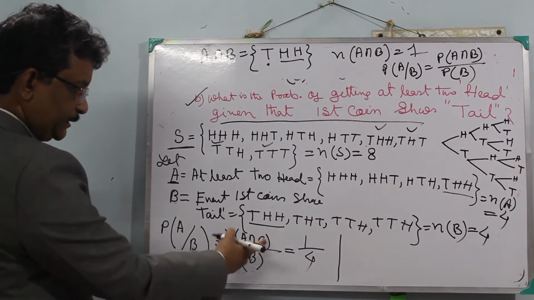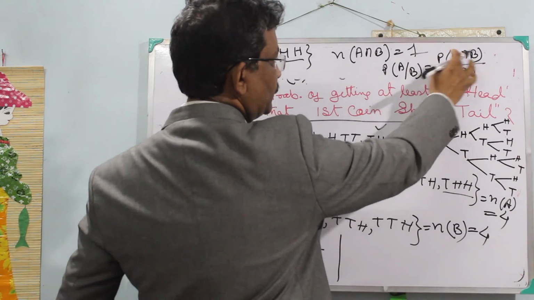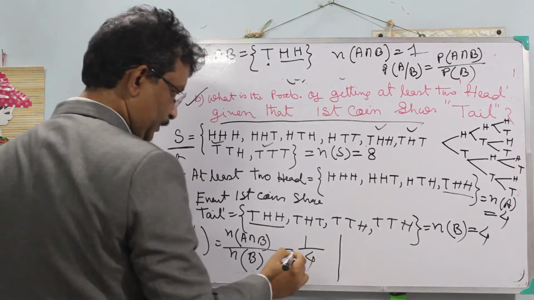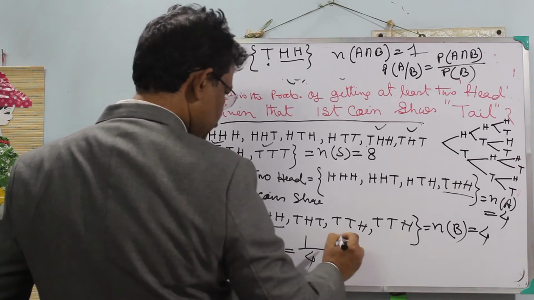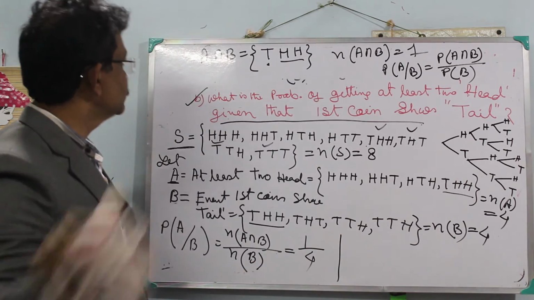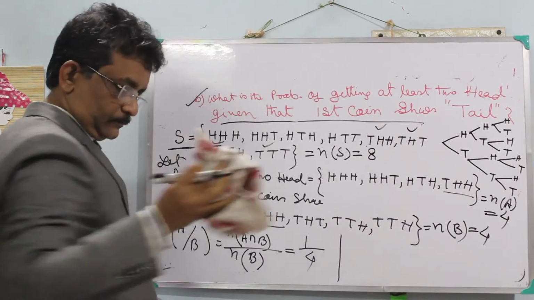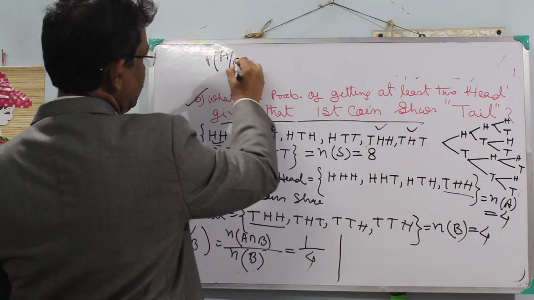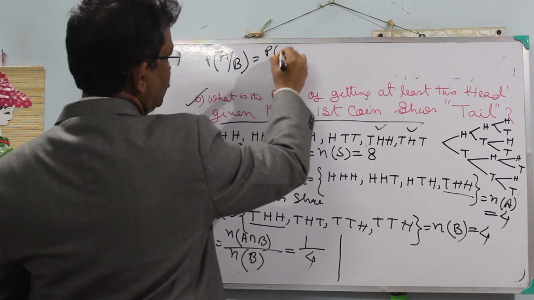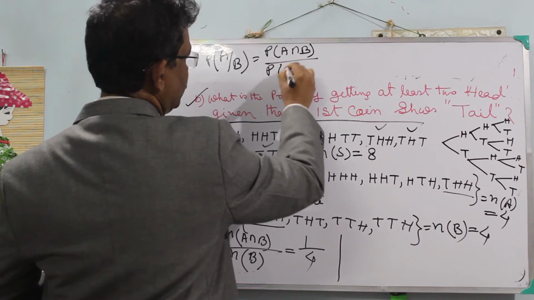Either n(A intersection B) by n(B), or probability of A intersection B by probability of B. So I can also calculate this.